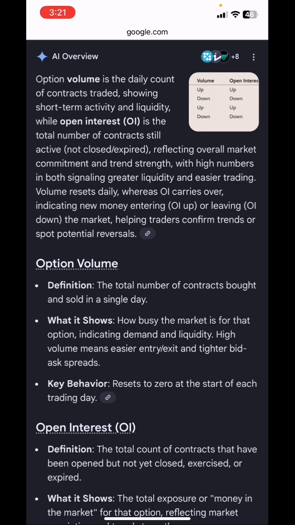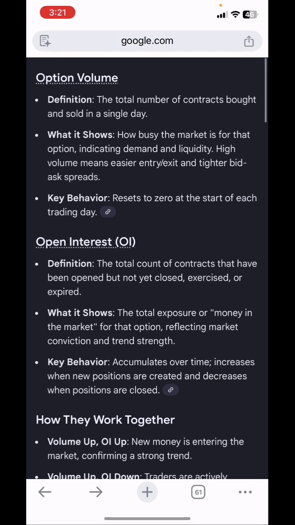Volume resets daily, whereas open interest carries over, indicating new money entering or leaving. If the open interest is high, that means new money is entering. If the open interest is low, that means money is leaving. So this also helps confirm trends or spot reversals. If you see the open interest is low and you're in a call, maybe it's about to reverse.